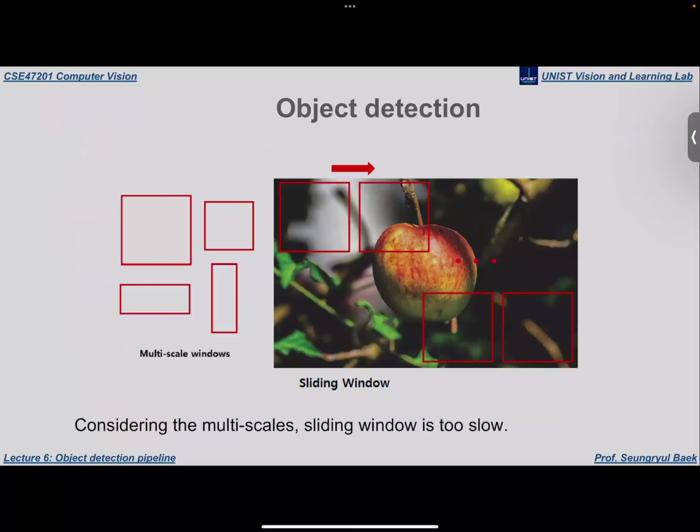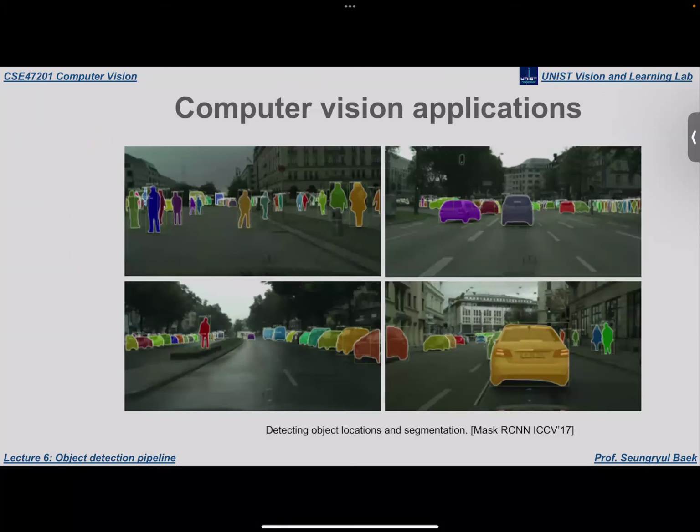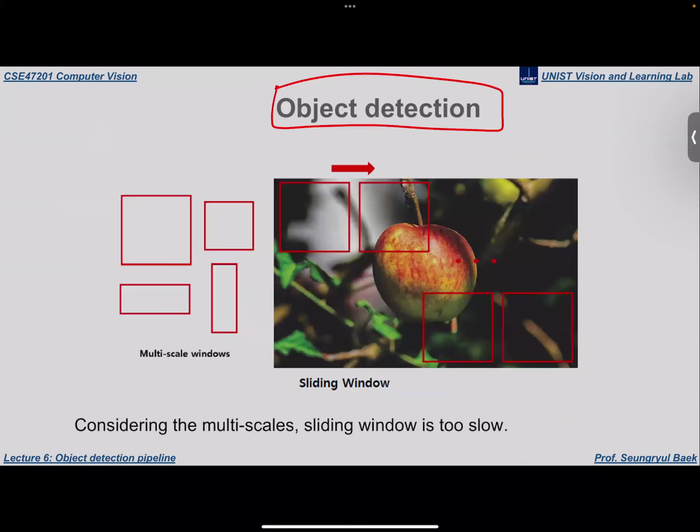Okay, and so now, we are given a few minutes, but I will explain a few more things about object detection. Object detection is actually simpler than the semantic segmentation algorithm, but sometimes the framework is more complicated.